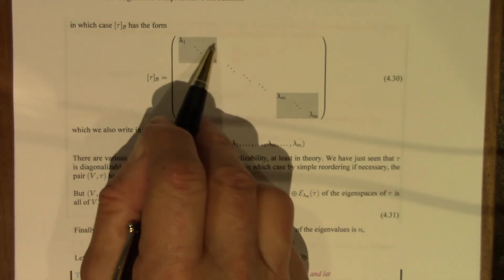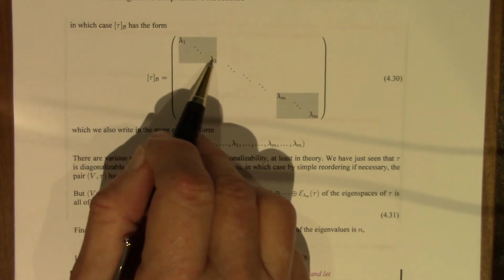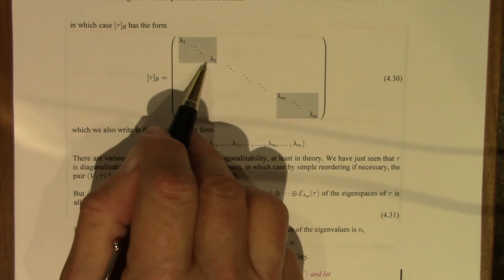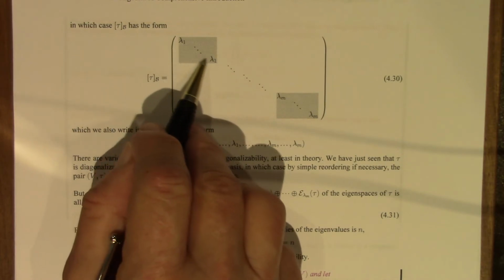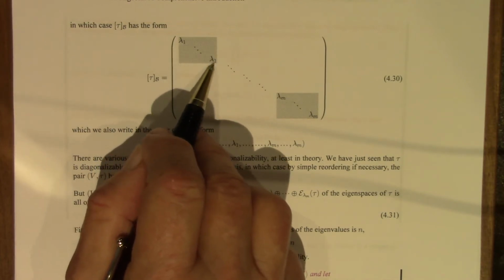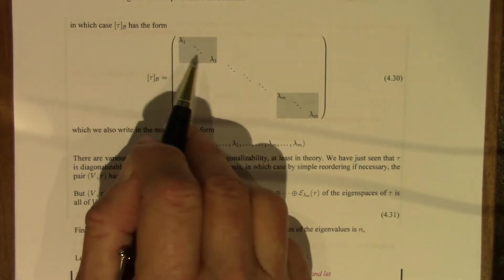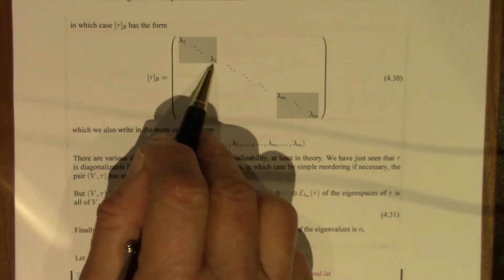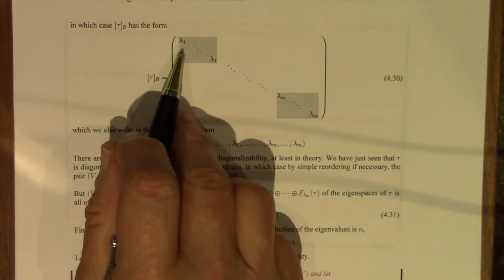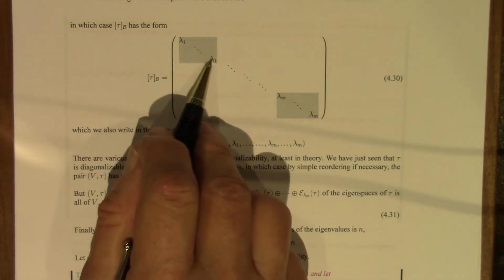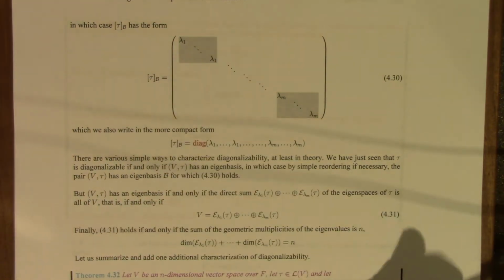This portion of the matrix representation comes from the eigenvalue lambda 1, and so the vectors, let's say there are k of these, then the first k vectors in B are the eigenvectors that form a basis for the eigenspace associated with lambda 1.